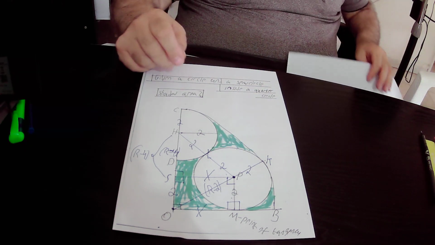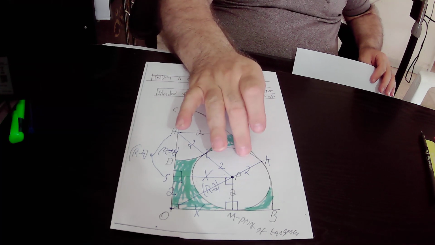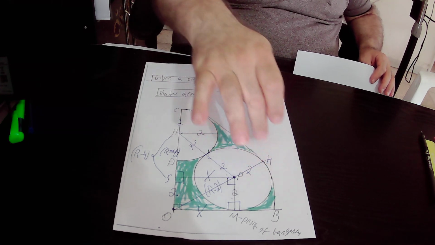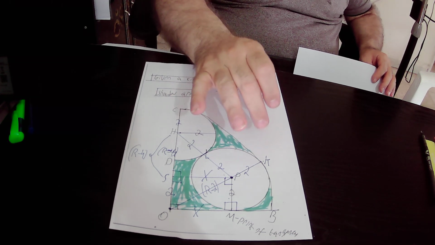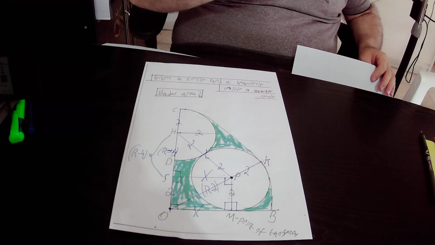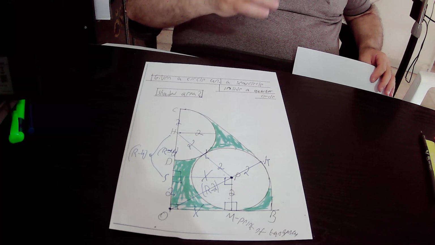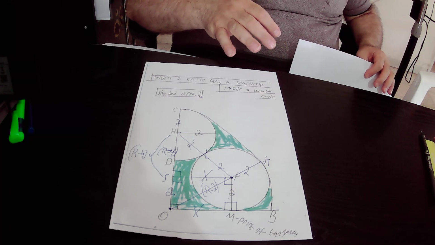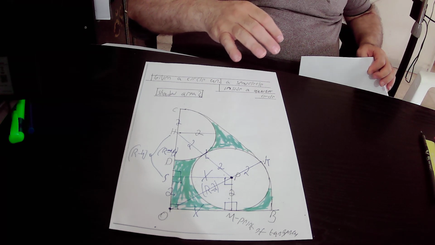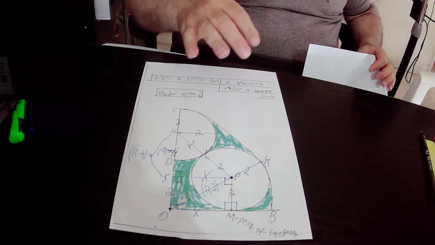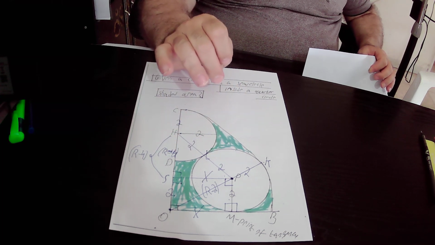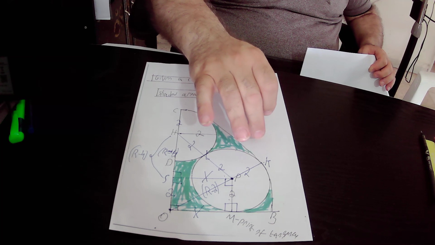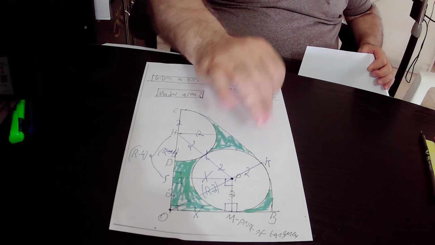Then we know that this circle is tangent to the quarter circle at point K. At point K, we have an internal tangency between the quarter circle and the circle. And whenever you have an internal tangency between two circular shapes, the straight line that joins their centers must pass through the point of tangency of the two circular shapes.